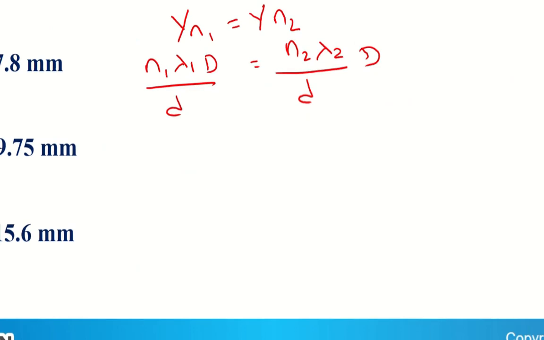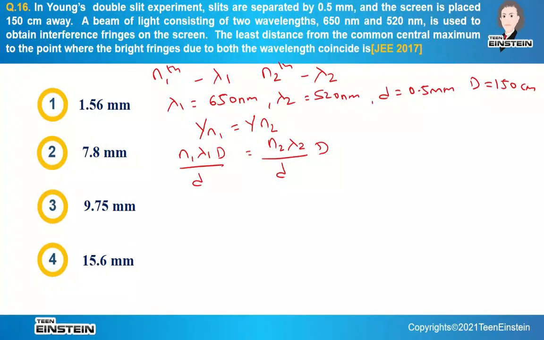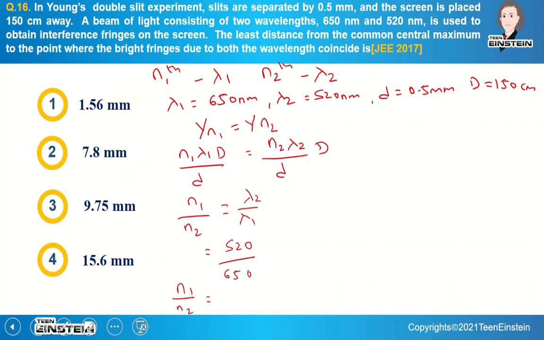If you solve this, you will get n1 by n2 equal to λ2 by λ1, and you know the value of λ2 is 520 and λ1 is 650. So your n1 by n2 ratio will be 4 by 5.